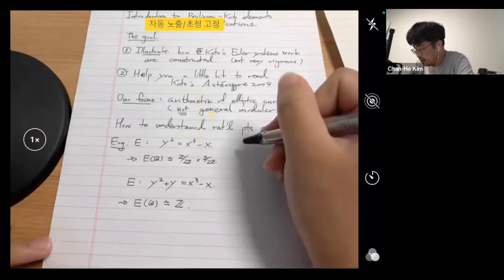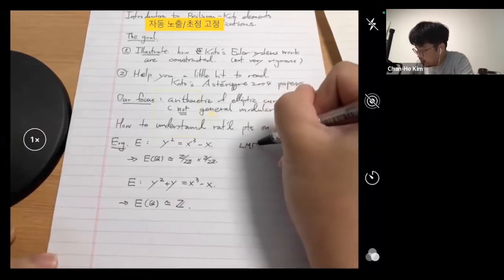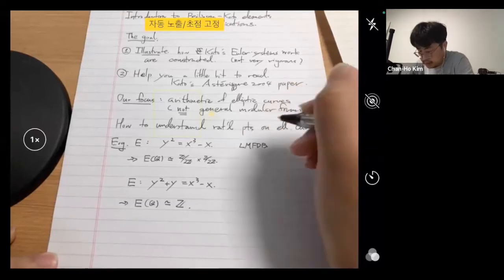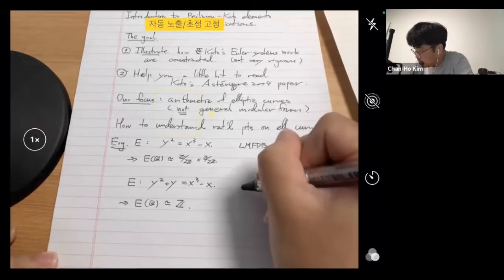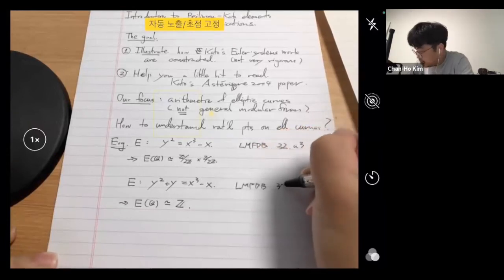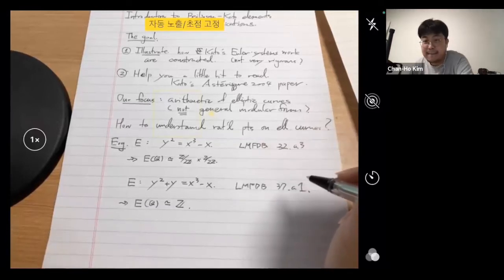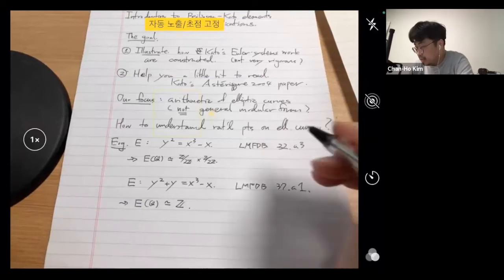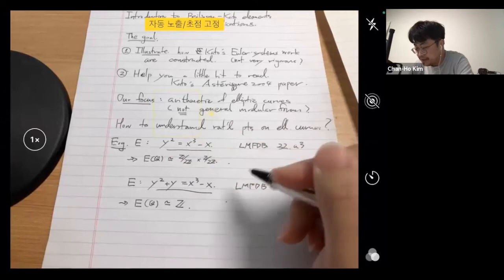And in fact, the first one, following the LMFDB table, is 32.a3, and this one is 37.a1. And what I want to say is that their equations look very similar, but their behaviors are very different.